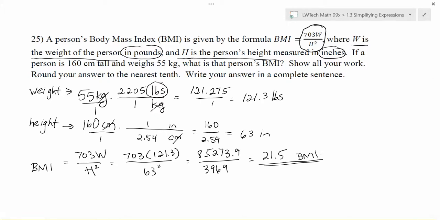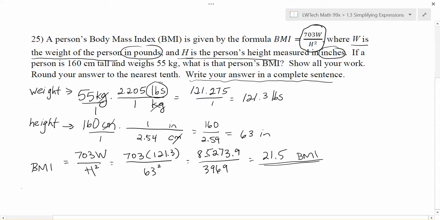Now for the last part of the problem, and you'll be asked to do this a lot throughout the quarter, is to write your answer in a complete sentence. Any time you're communicating results mathematically, you want to make sure that you give the context of the problem, give what your solution is, and include appropriate units if necessary.